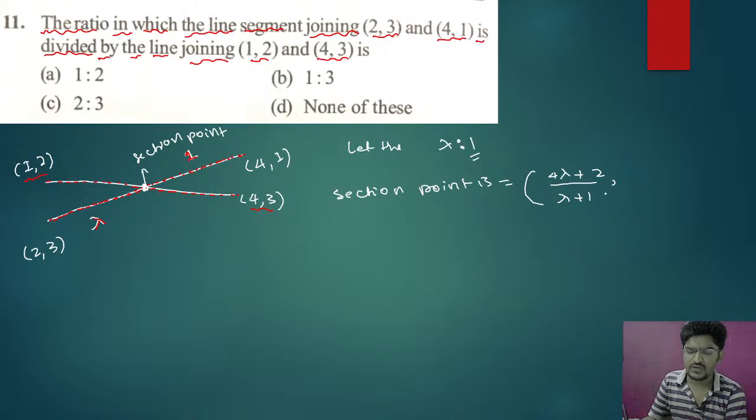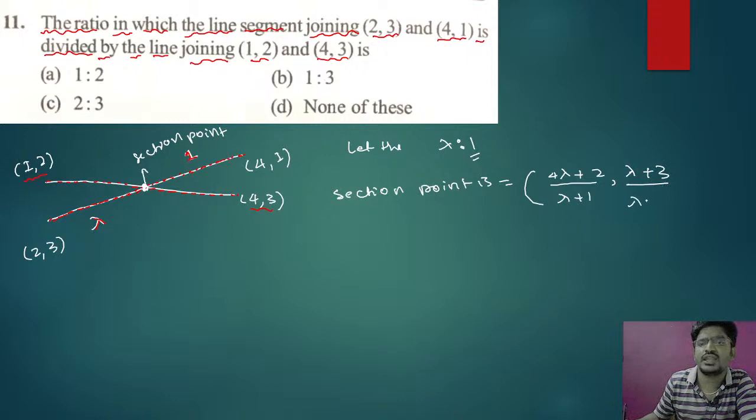So the equation of the line joining 1, 2 and 4, 3 you have to find. From this you can understand 4 lambda plus 2 divided by lambda plus 1 will be equal to lambda plus 3 divided by lambda plus 1.